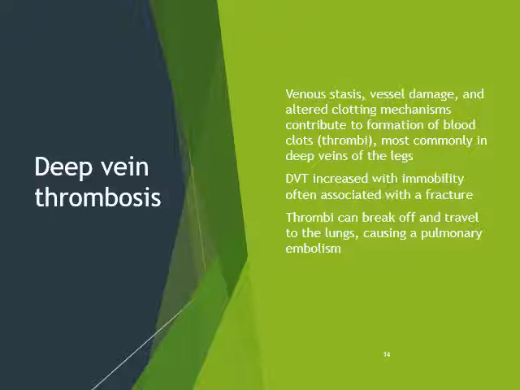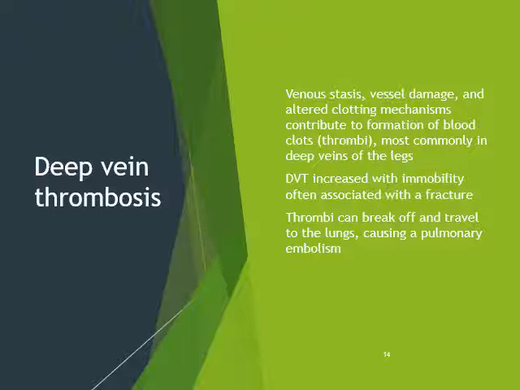A fracture may lead to bed rest, and then because of the venous stasis caused from the bed rest, the clotting mechanisms could form a blood clot in the calf of the leg, the deep vein of the leg. The DVT is increased with immobility, often associated with a fracture. Thrombi can break off and travel to the lungs, causing a pulmonary embolism.